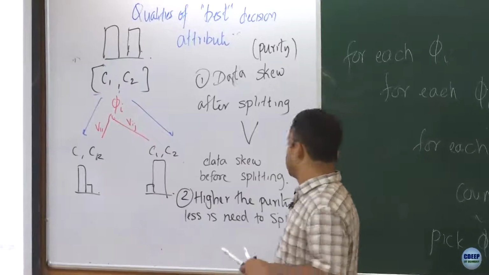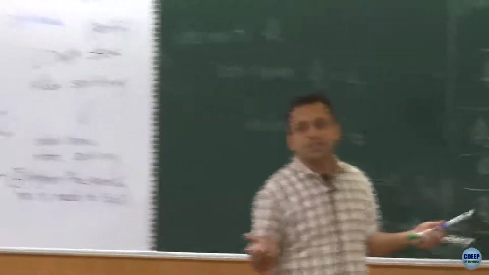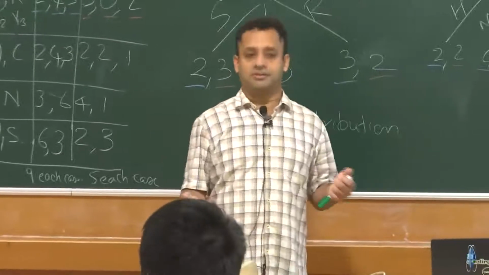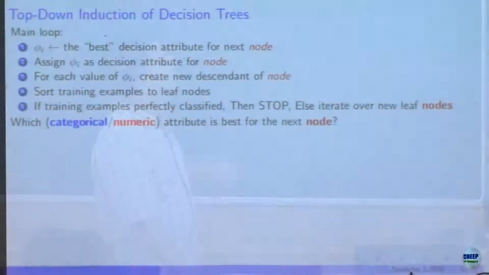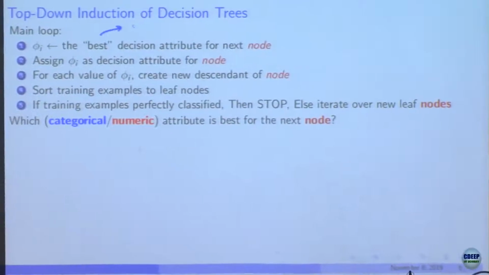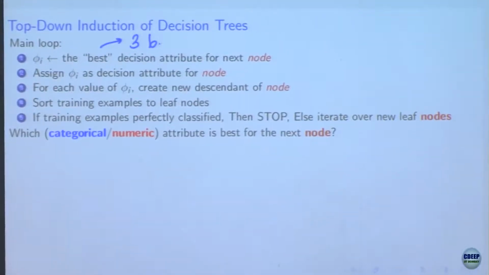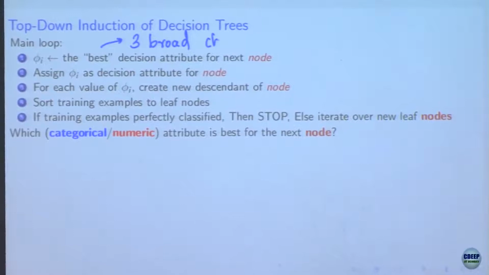Second, you will split only if there is good purity; when the purity is not good enough, you do not split. So this is broadly three characteristics of best. There's a third that I want you to discover as we discuss further.